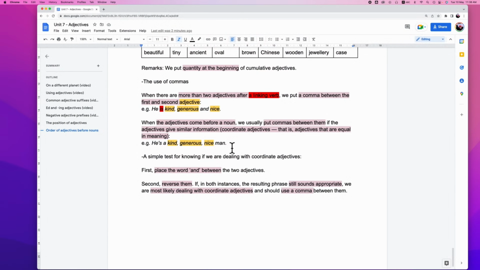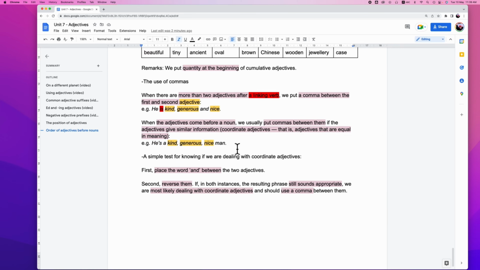However, if we put them in front of a noun, how do we arrange adjectives? Coordinate adjectives come before a noun. We usually put a comma between them. Coordinate adjectives give similar information, that is, adjectives that are equal in meaning. For example, he is a kind, generous, nice man.